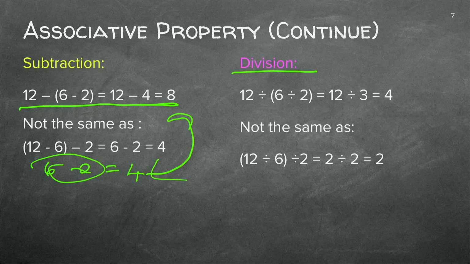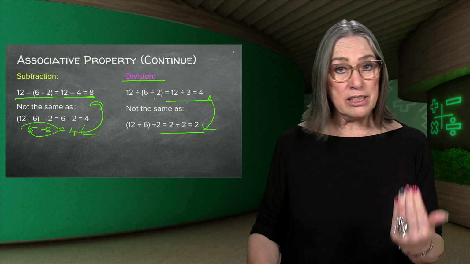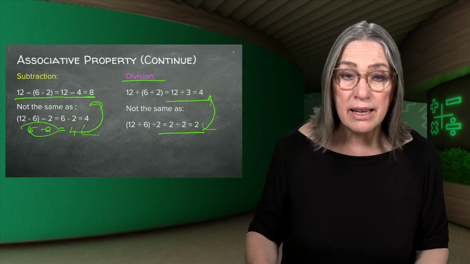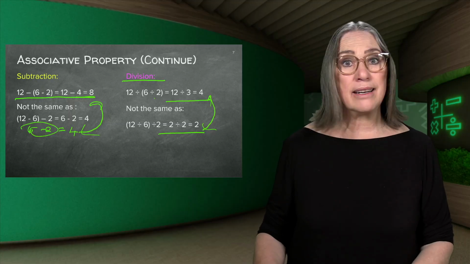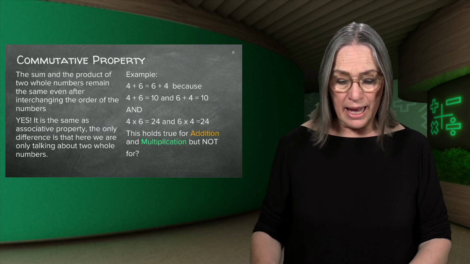And division, 12 divided by 6 divided by 2, so we do the bracket, so it's 12 divided by 3 equals 4. And if we change the bracket to 12 divided by 6, so that gives us 2 divided by 2, it gives us 2. Again, it does not work. So again, the associative property of whole numbers holds true for multiplication and addition.